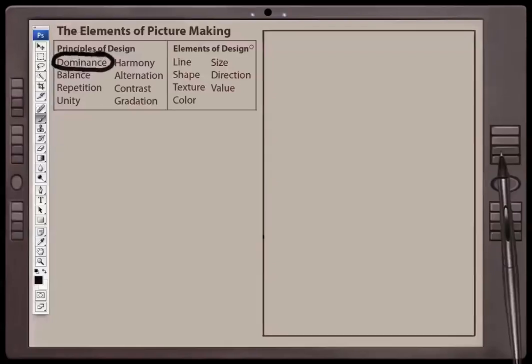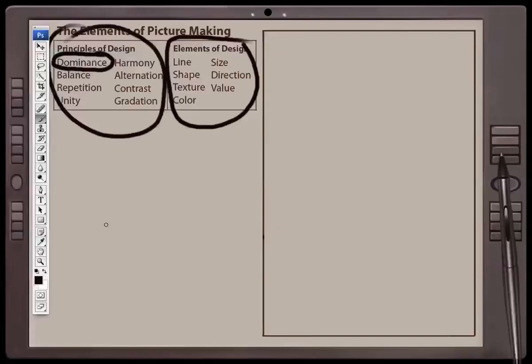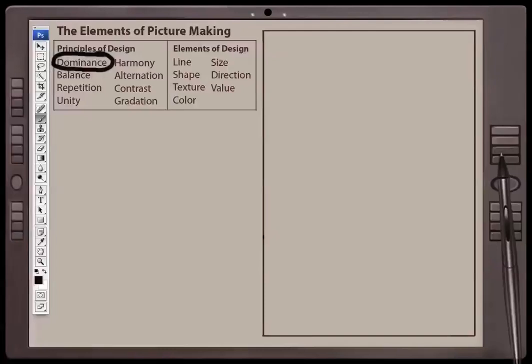Now, these elements of design need to be organized, and they are organized by these principles of design that you see here. And I'll mention this again later, just to remind you, so that you don't forget and you begin to realize the importance of what I have just said. When something is told to you once, it is usually forgotten.